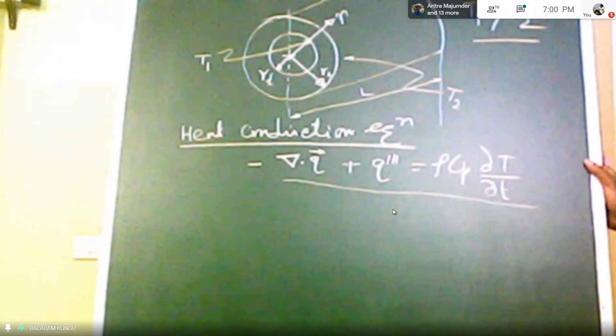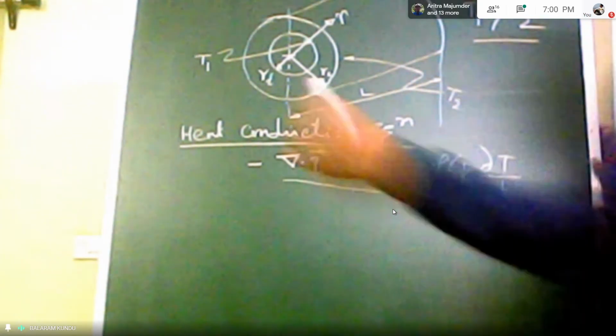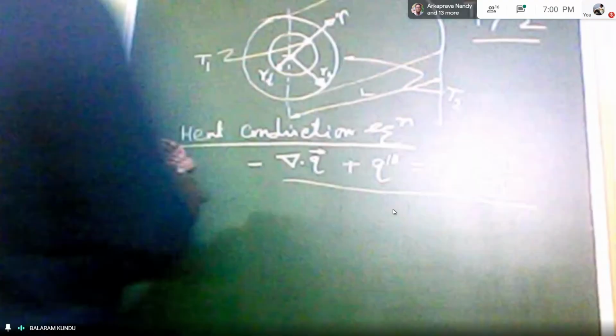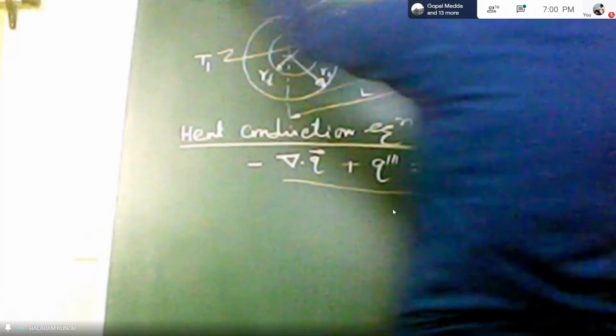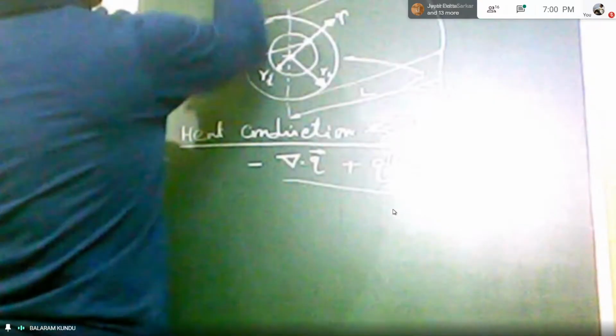So what is the cylindrical polar coordinate system? You know those coordinates. This is your cylindrical polar coordinate system.